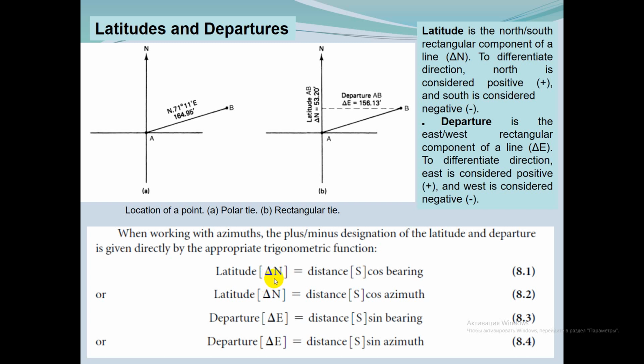So latitude equals distance S multiplied by cosine of bearing, or latitude delta N equals distance S multiplied by cosine of azimuth.